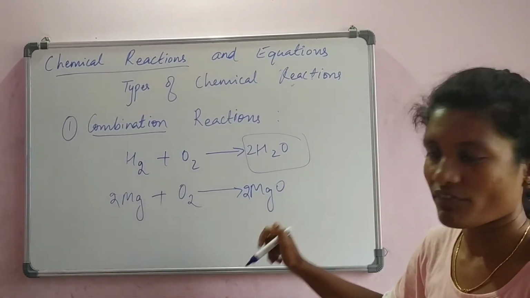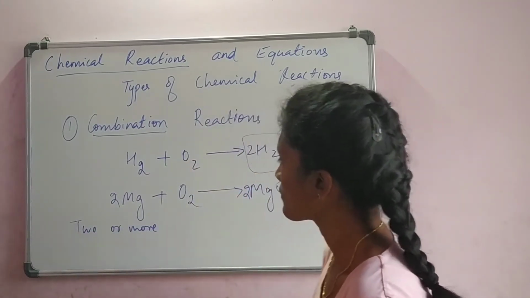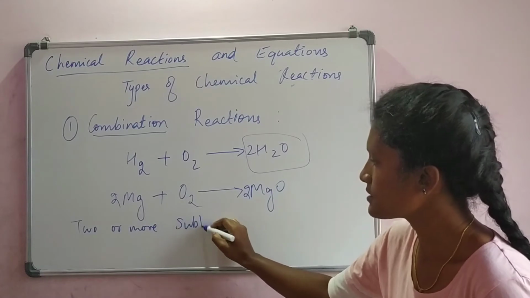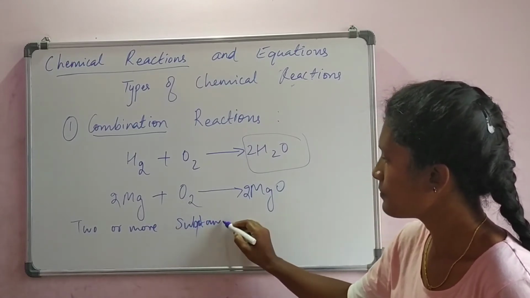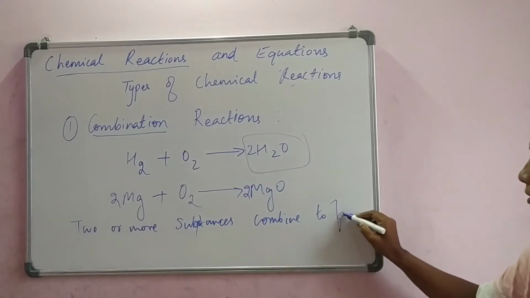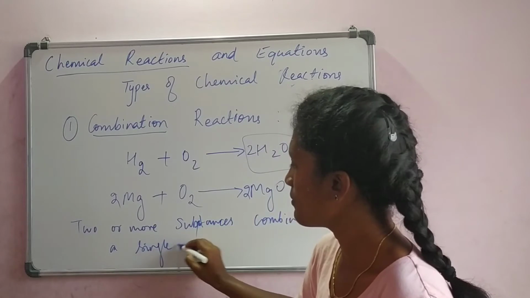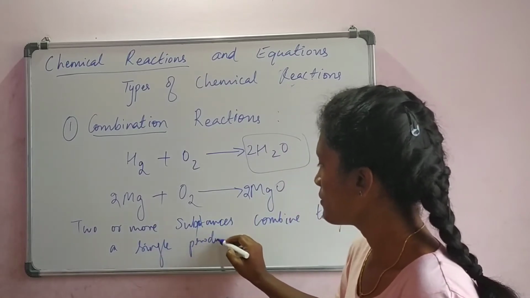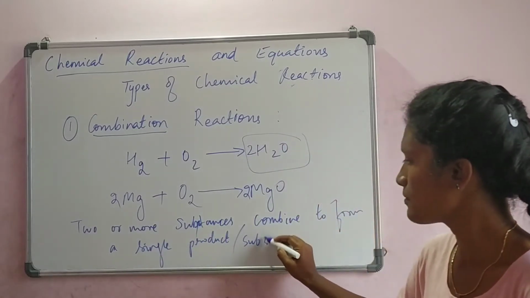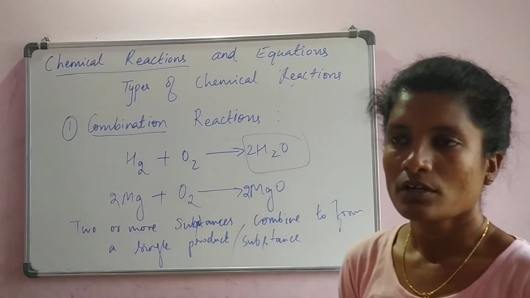Okay, so how can we define this? 2 or more substances combine to form a single product or substance. Okay, hope it is clear.